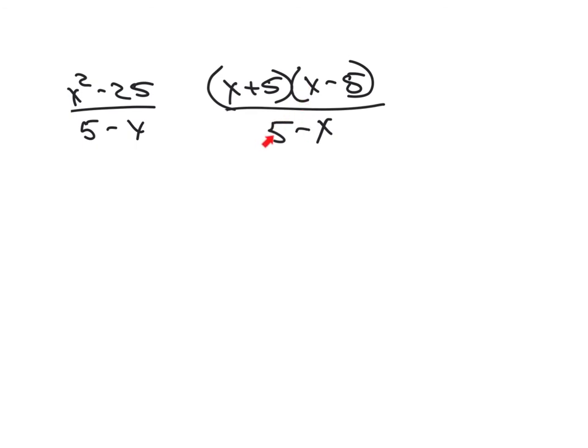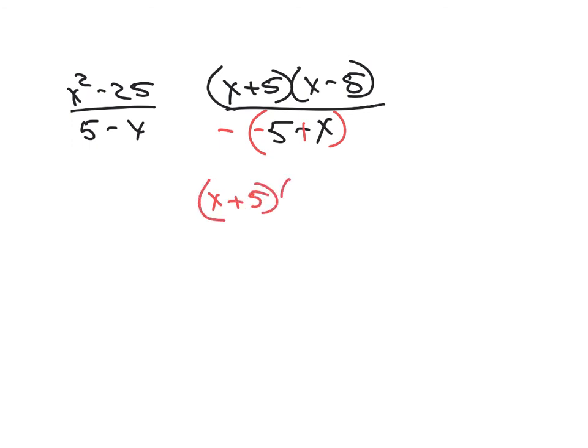My 5 is positive here, it's negative here. So I can switch these two around and then be able to cancel with this one here. Can't do anything with that one. So I'm going to factor out a negative on the bottom. And then this can be written as x plus 5.